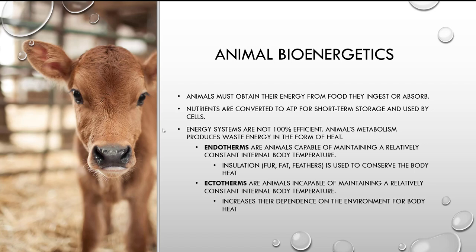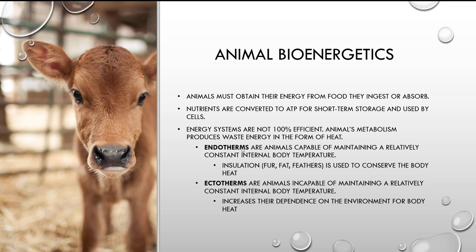So even though the temperature outside might be 32 degrees, inside our bodies it's still pretty warm, still 97 degrees. That's due to us holding on to the heat produced from all those chemical reactions and keeping our temperature constant. So we are what we call endothermic. Think of it as heat within the body: endotherms.